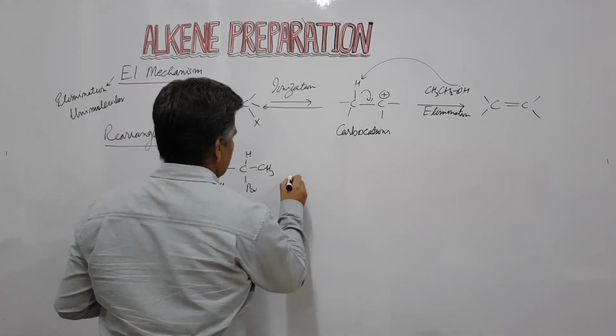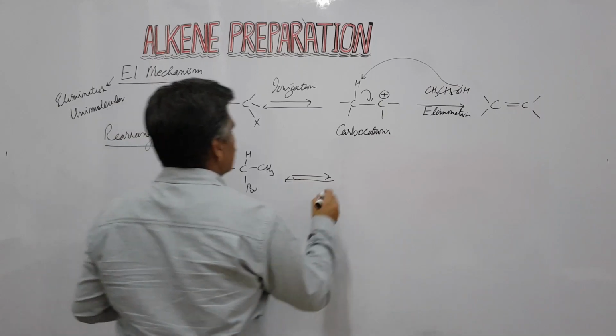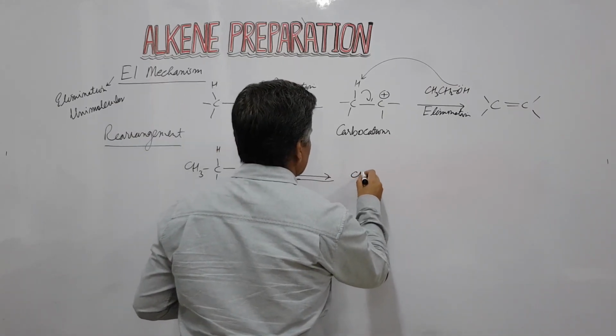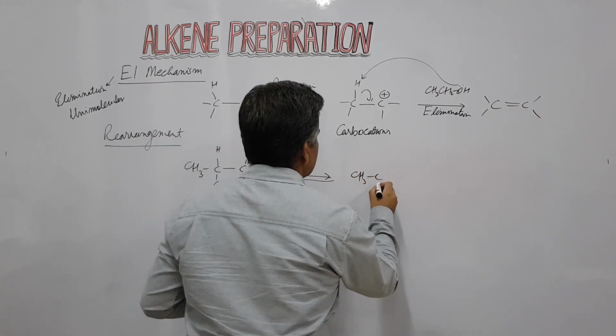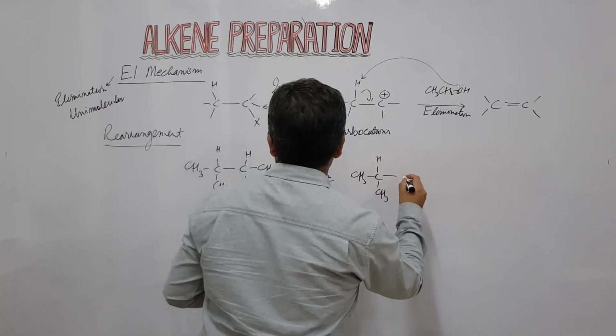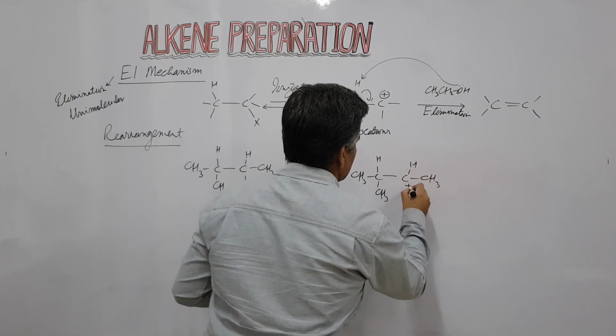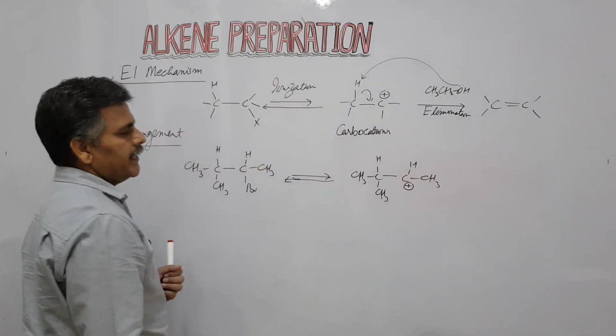Here the first step is the removal of Br, and we have CH3C, CH3H, and CH3H. This carbocation is formed.